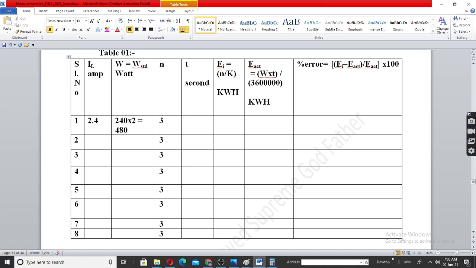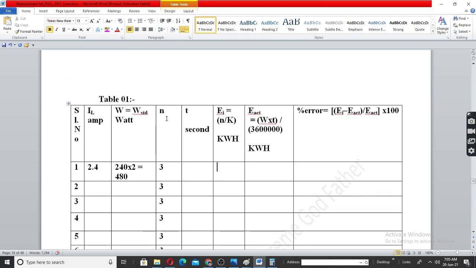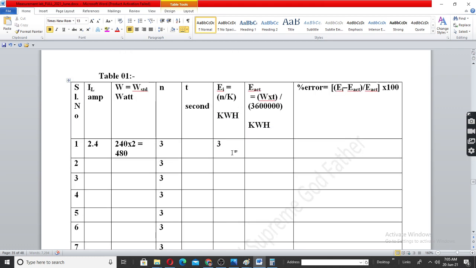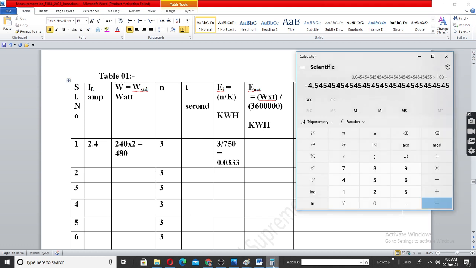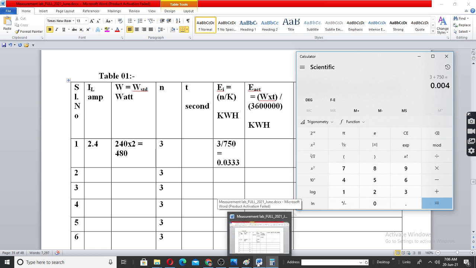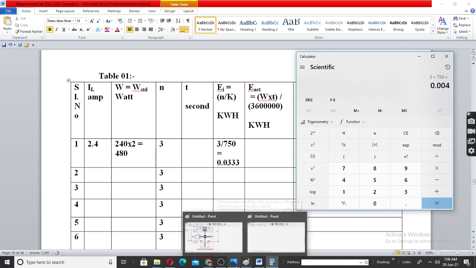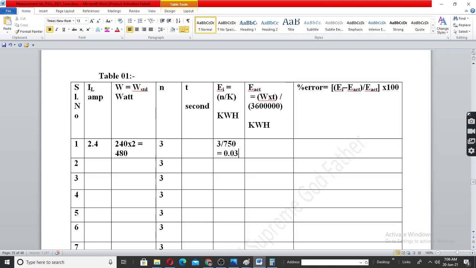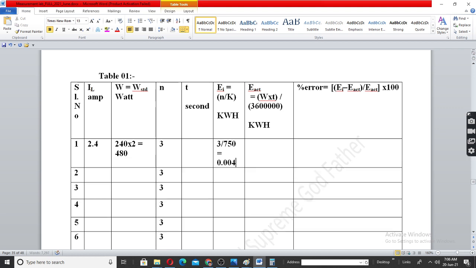Now the energy meter constant K is 750. So the indicated value will be N by K, that is 3 by 750, which is around 0.004. 3 by 750, sorry, 0.004.